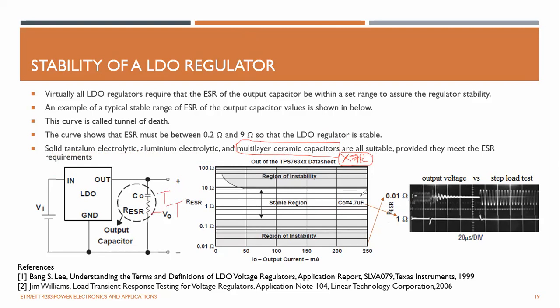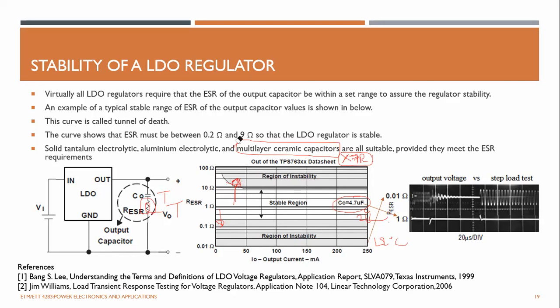So even if you pick 4.7 microfarad at room temperature and the ESR is 1 ohm at room temperature, when you're running, the LDO heats up and the temperature increases, and the ESR might drop or increase. If due to this temperature range it jumps out of the stable region, it will be a very bad design.